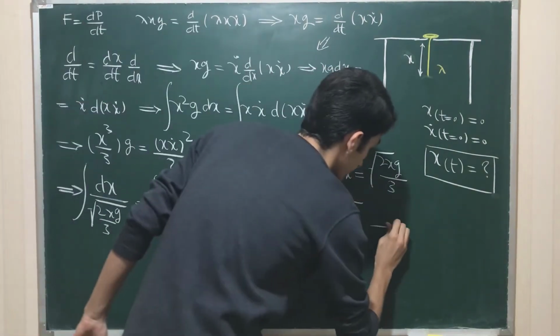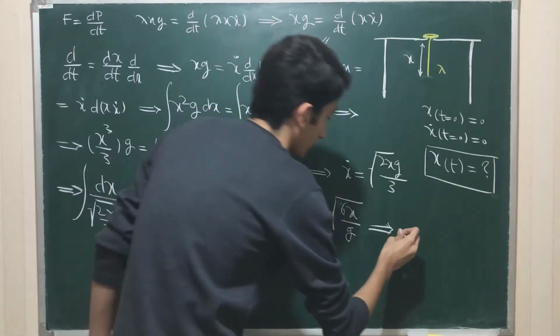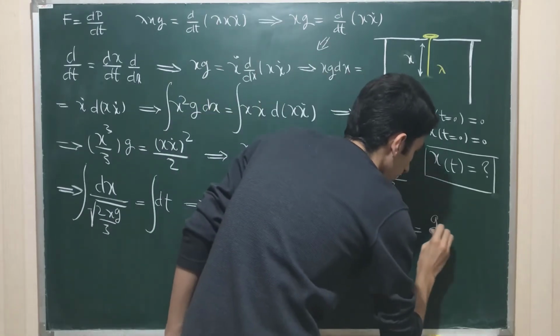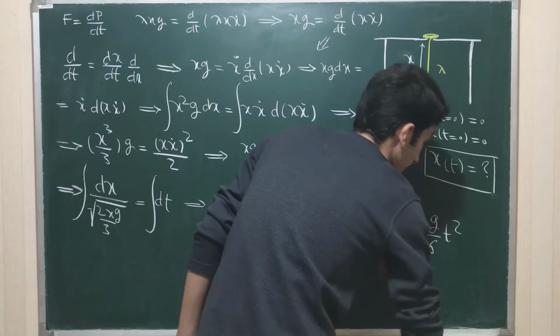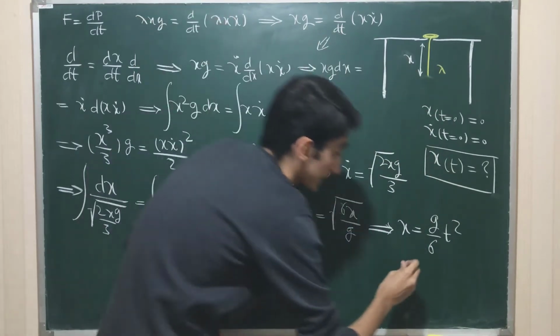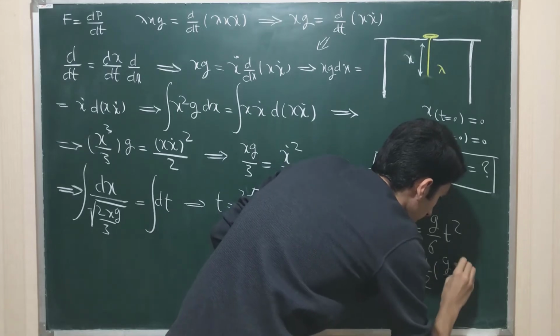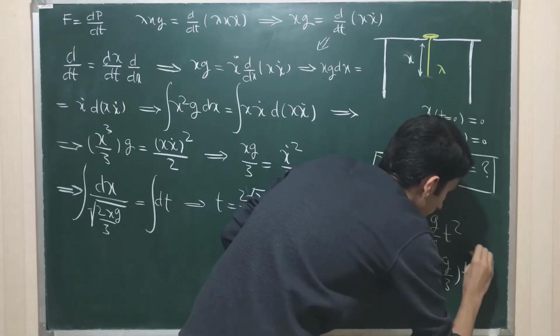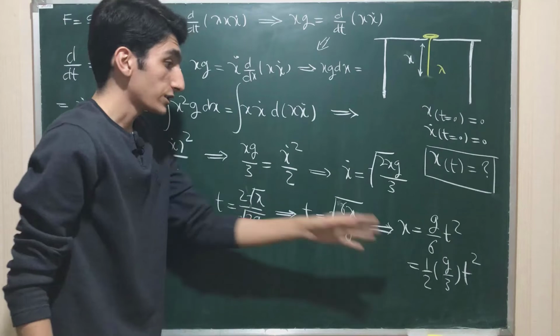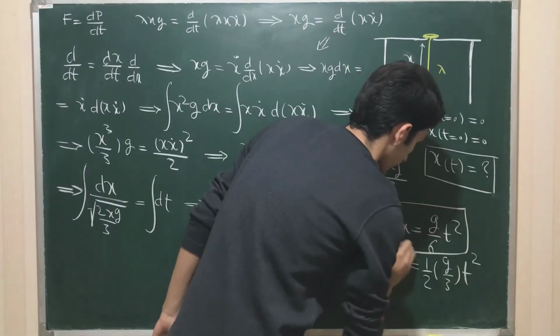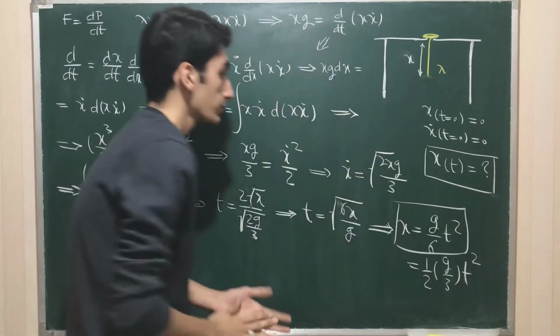And from that, I can easily show that x is equal to g over 6 times t squared. And we can write this as 1/2 of g over 3 times t squared, which is a constant acceleration motion, and that's the solution to this problem.